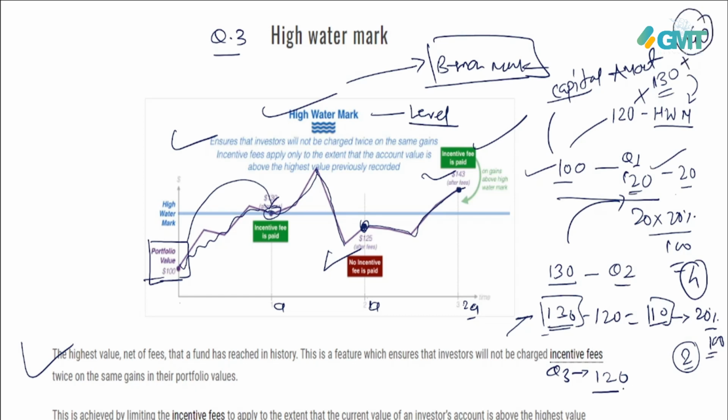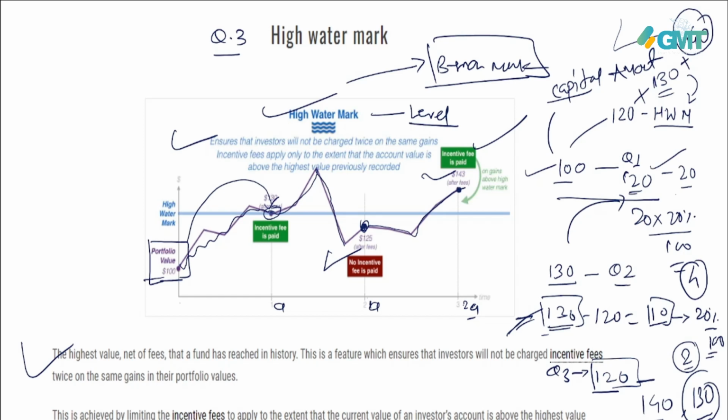So in this case your fund is not able to match the high water mark limit, then you don't need to pay the fees on this 120, because up to 140, or I would say up to 130, you have already paid the incentive fees. Then why will you pay the incentive fees again on the same value? And that's the meaning of this statement as well. So you don't need to pay the fees again and again.